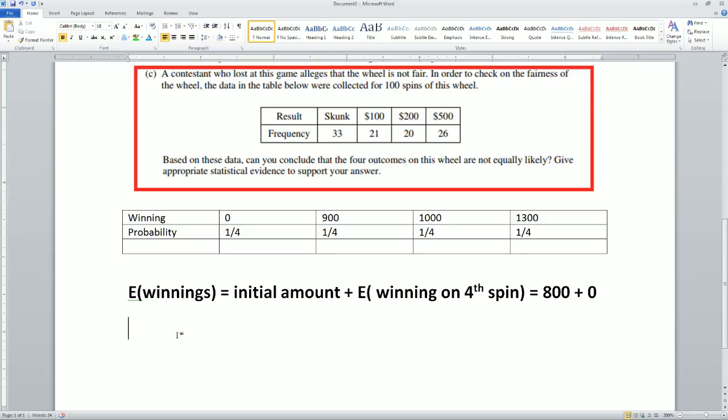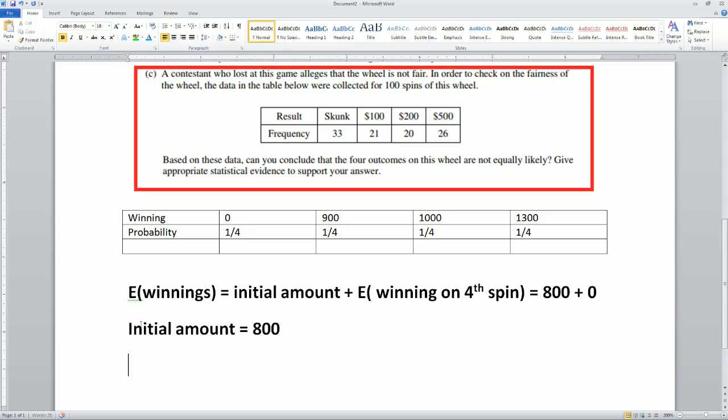Look at this. What is her expected winning on the fourth? Her initial winnings amount is 800 bucks, right? She's already up $800.